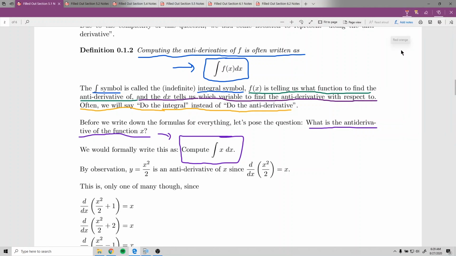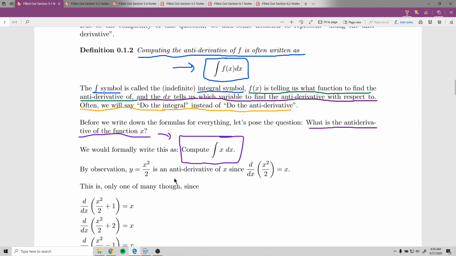And because of how we know the power rule works, we can kind of guess at it. Don't worry, there will be formulas for this, but for now I'm just throwing the answer out there: the function y equals x squared over 2. If you do the derivative of x squared over 2, we would bring the power 2 down, subtract 1 from the power, and the 2's would cancel.